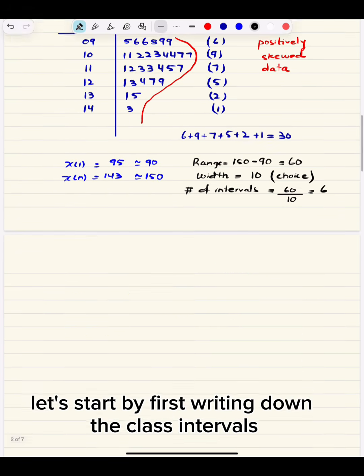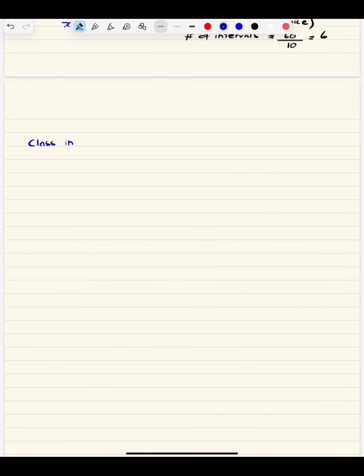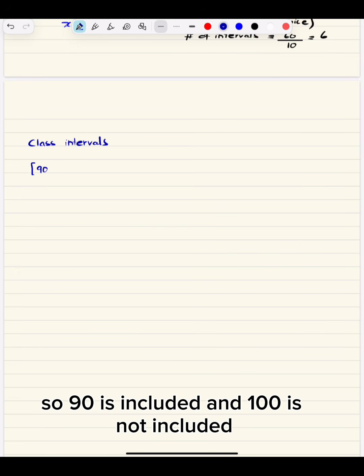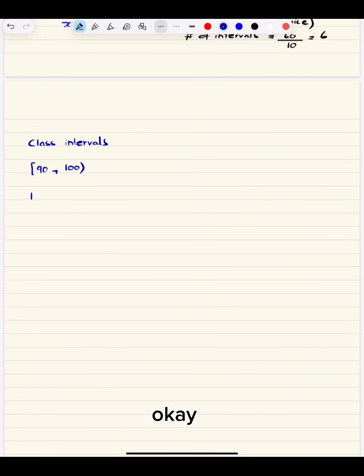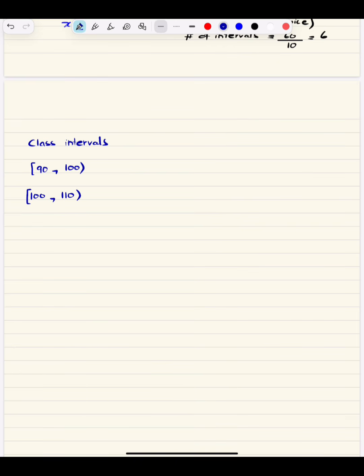So let's start by first writing down the class intervals. I wanted to start with 90. So 90 is included and 100 is not included. Then moving on, 100 is included and 110 is not included. Then 110 and 120.